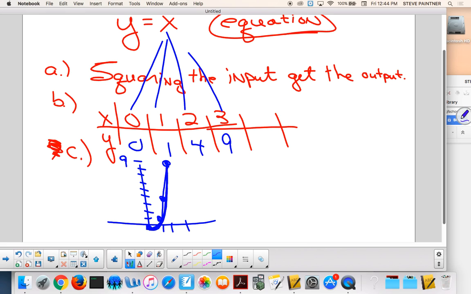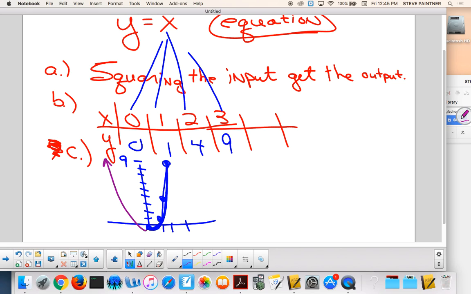If I would have tried negatives, do you know what would have happened? It would have been a parabola. You would have basically just shot up this way. So when looking at a function, you can do it algebraically, write the equation. Verbally, just say what it says. Numerically, table, and graph it.